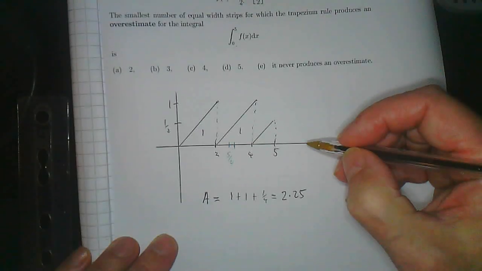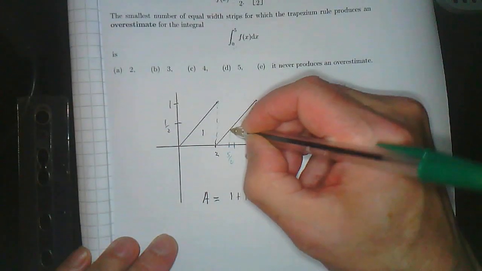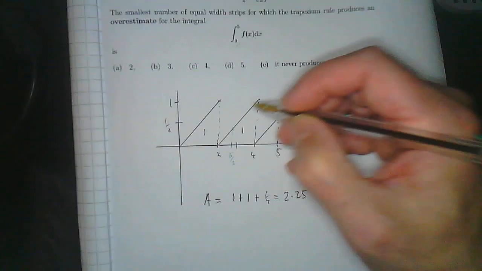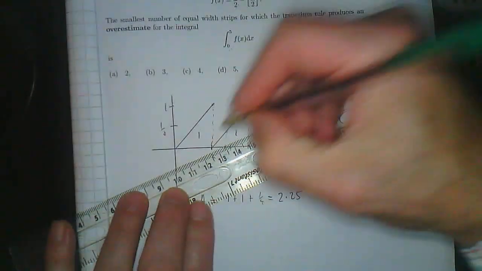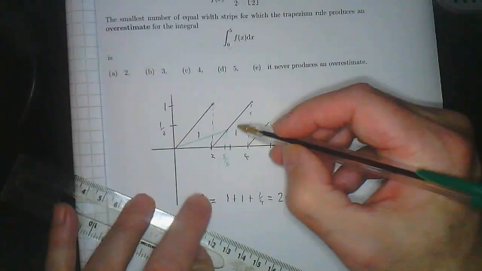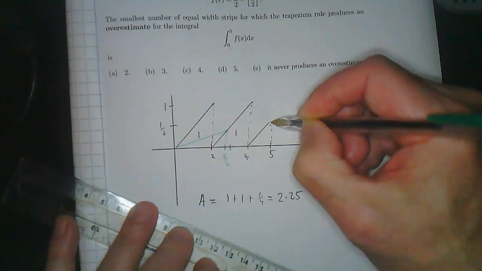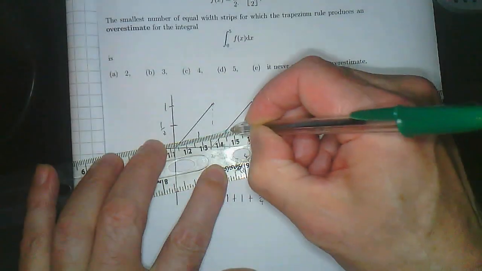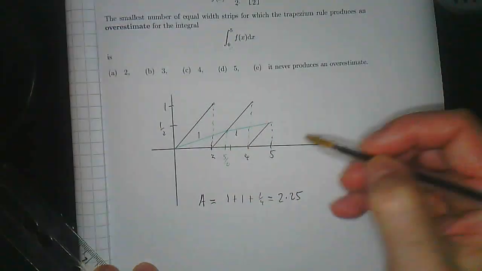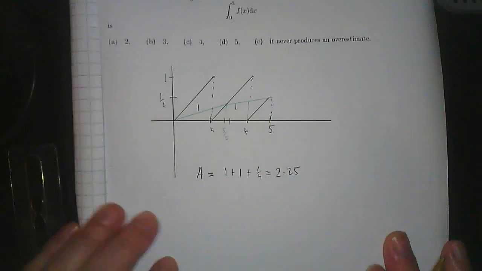So we're going to go up to here, and then that's going to be the first strip finishing there. So that's going to go from there down to there. And then for the second strip, it's going to go from here to here. So we've got our 2 strips now. First one is a triangle, as it happens, and then the second one is a trapezium.